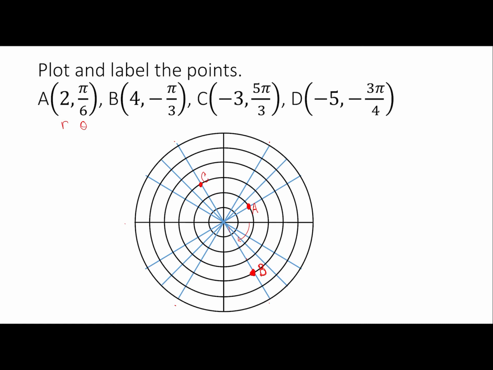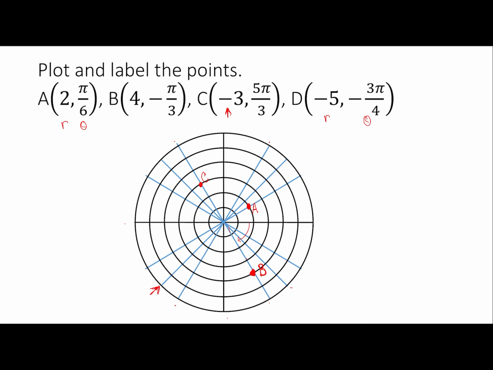So anytime you see a negative value for your r, you need to cross the pole and head in the opposite direction. And finally, we see a negative r and a negative theta for point D. So we're going to start by going clockwise, the opposite direction, for 3 pi over 4. So 1 pi over 4, 2 pi over 4, 3 pi over 4 would typically get us here on this line.